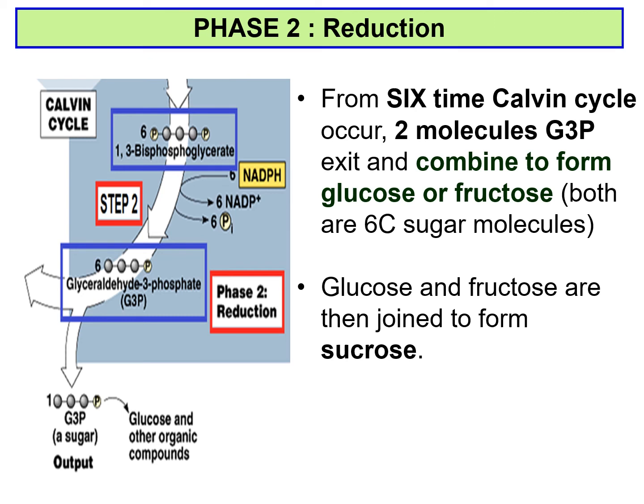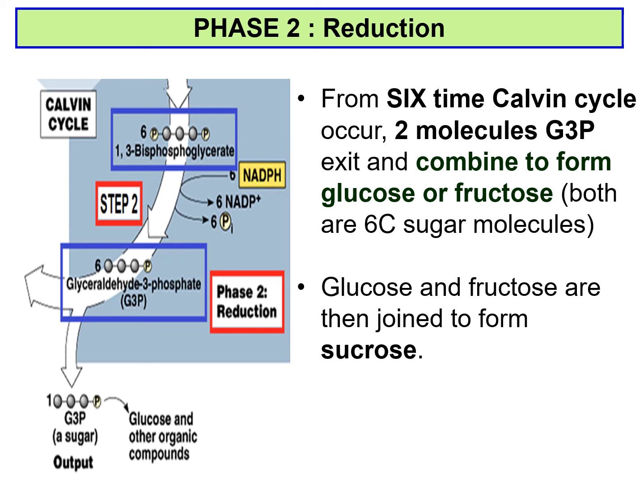So, to produce glucose, we need 6 turns of the Calvin cycle because we need 2 molecules of G3P, right? So for each 3 carbon dioxide, we can only produce 6 G3P. Out of 6, 1 will be used to form glucose.